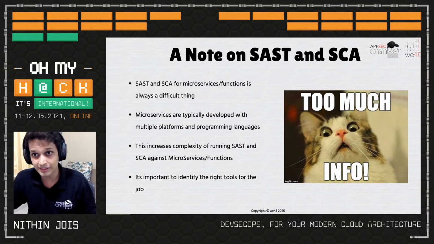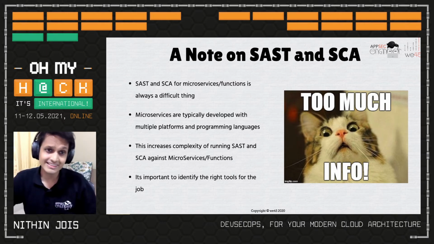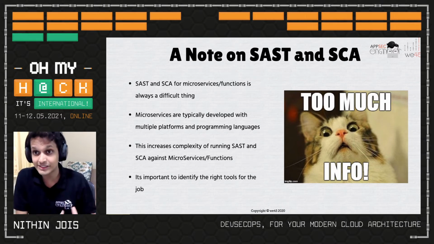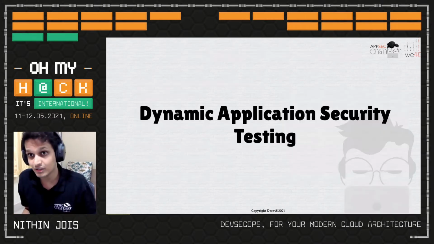And every programming language is going to have its own tool that it's going to run a scan against, right? So this is going to increase the complexity of running the SAST tool and integrating all of these tools as part of your entire pipeline. So it is extremely critical for you to identify the right tool.